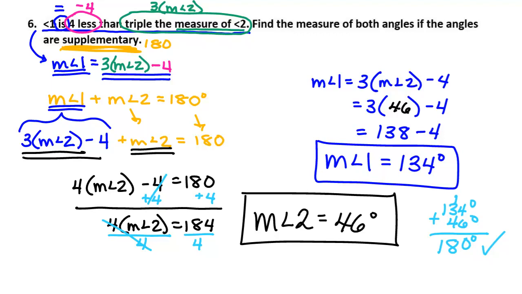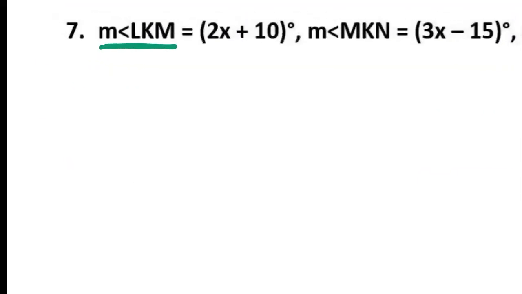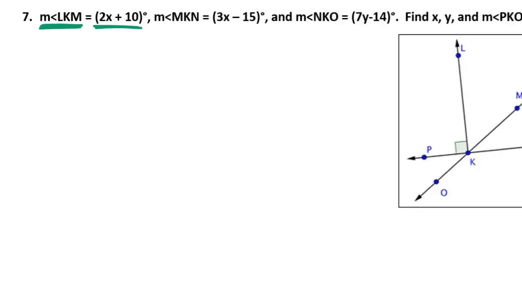Let's go do number 7. We're going to mark this picture up first. We're going to talk about all the relationships that we see here. We have the measure of angle LKM is 2x plus 10 degrees.